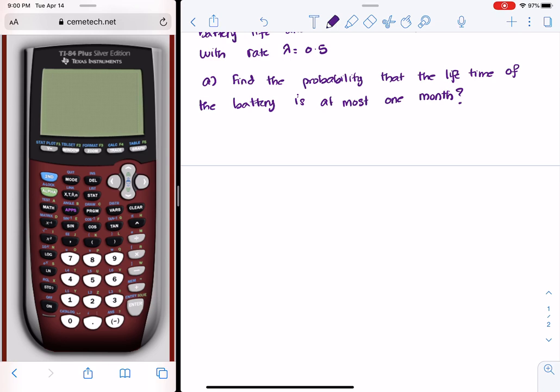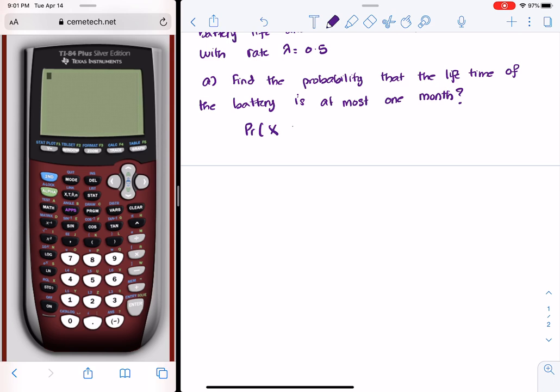Well, if it's going to have a lifetime of about 0.5 years in general, so we expect it to last for at least 6 months, what are the chances that the battery life would be at most 1 month?